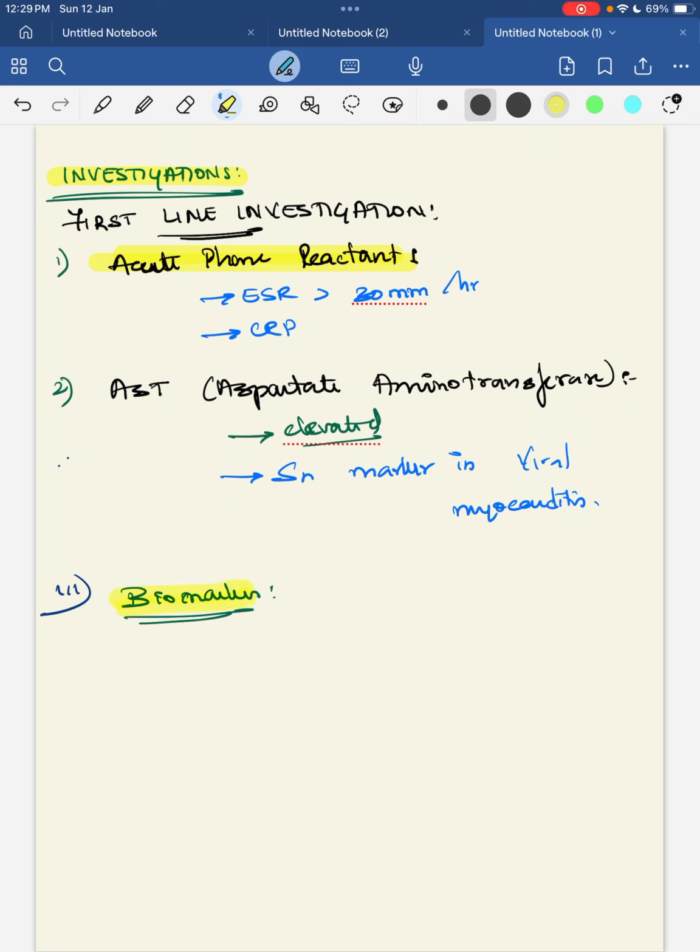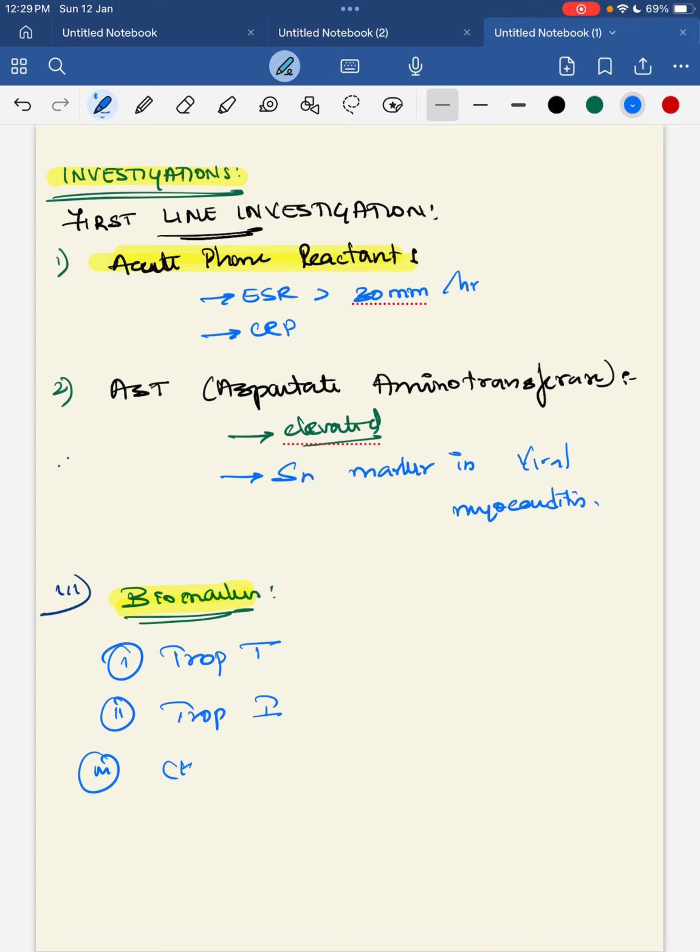Only a child who is having a subacute LV dysfunction, meaning the child is non-fulminant, then you can see cardiomegaly, right? Yes.